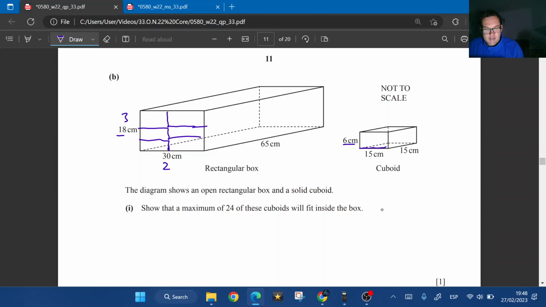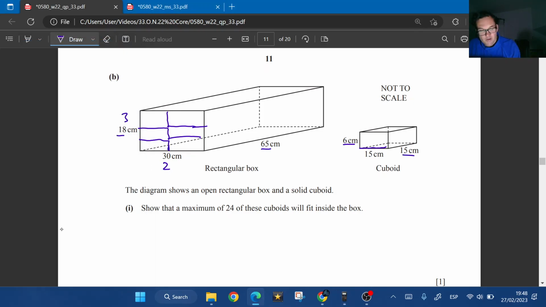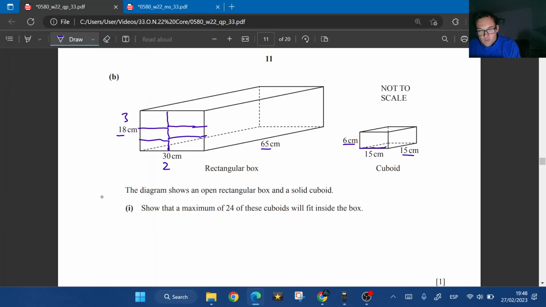Alright, and then this is 15. What is 65 divided by 15? I do 65 divided by 15 because it's 65 and 15 there. Okay, 4.3. That means we will fit 1, 2, 3, 4, and there will be a space left.